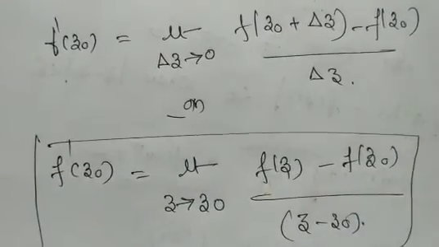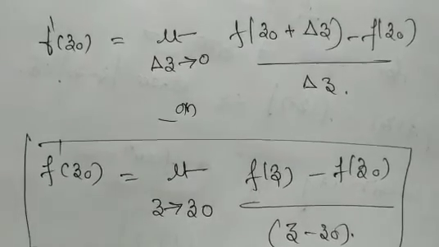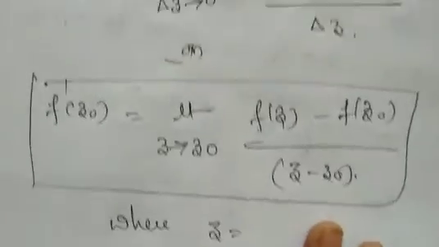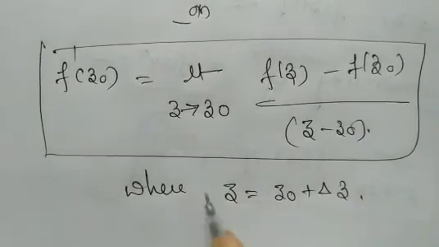So this is the differentiable function. Here z equal to z0 plus delta z.